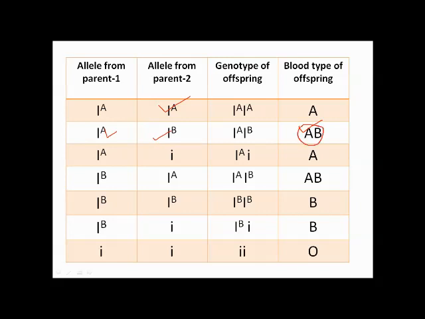So we are mostly concerned with this type of offspring, where there is the heterozygotic condition, and the blood group shows both the alleles expressed. They show both types of sugar polymers on the surface of the RBC. So this blood group clearly shows the process of codominance, where both the alleles were expressed and the expression was seen in the form of the blood group AB.